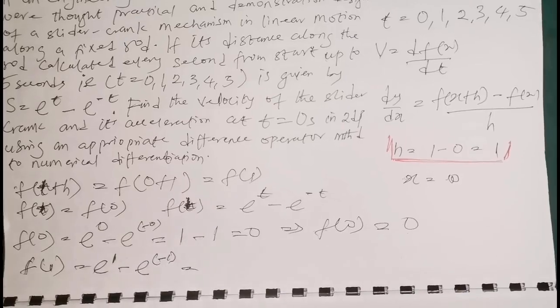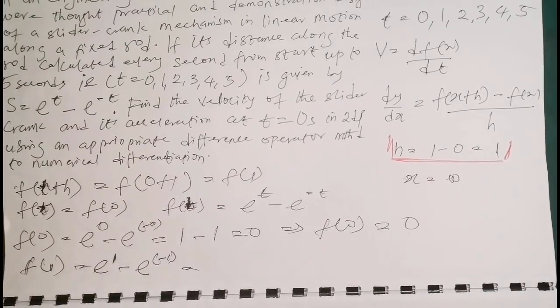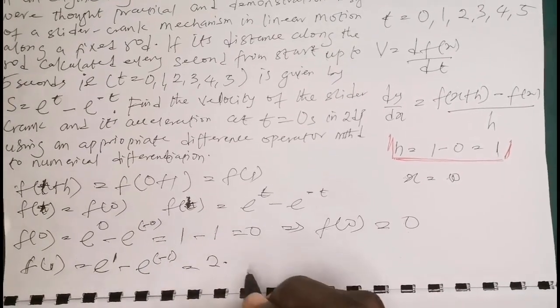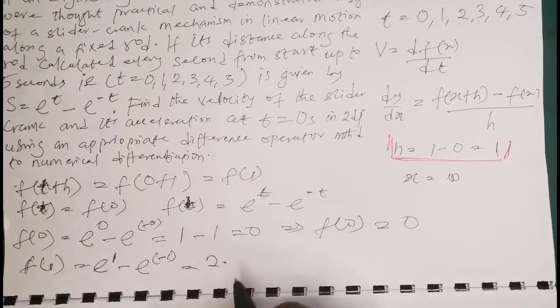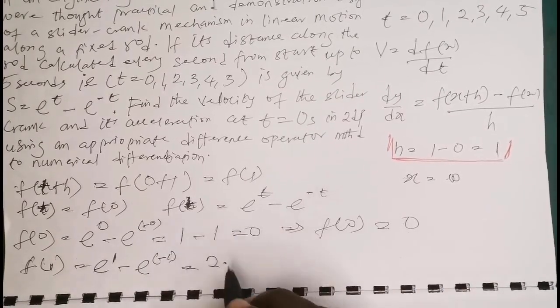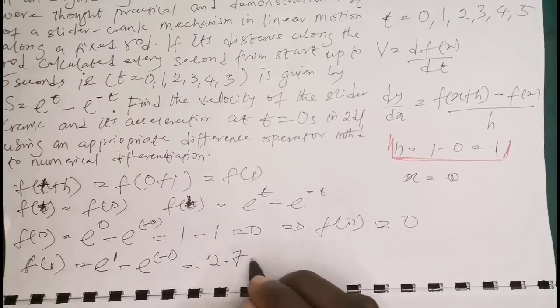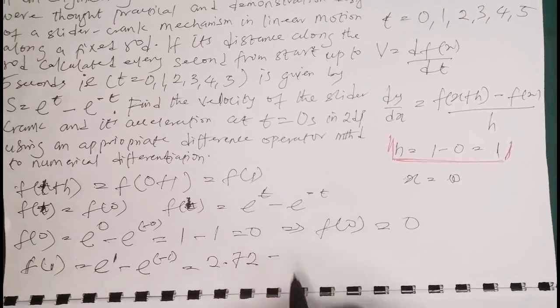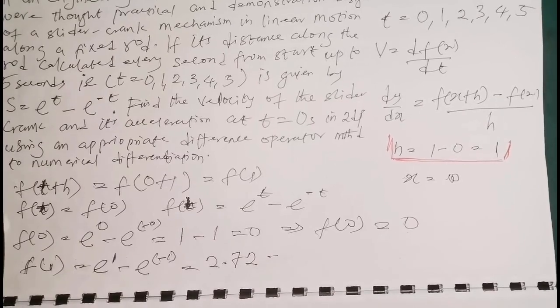So let's see the value we are going to obtain. We punch exponential 1. Exponential 1 simply gives us 2.7183 approximately. Okay, let's use 2 decimal places since the question asks us to find this value in 2 decimal places. So we use 2.72 minus, let's find exponential negative 1.